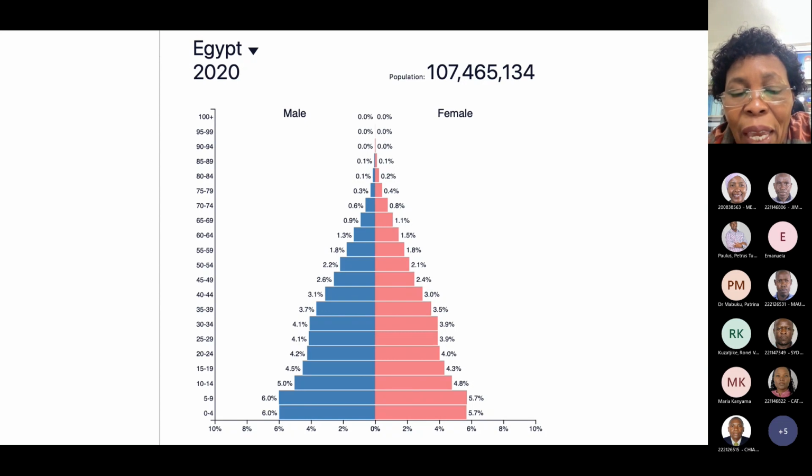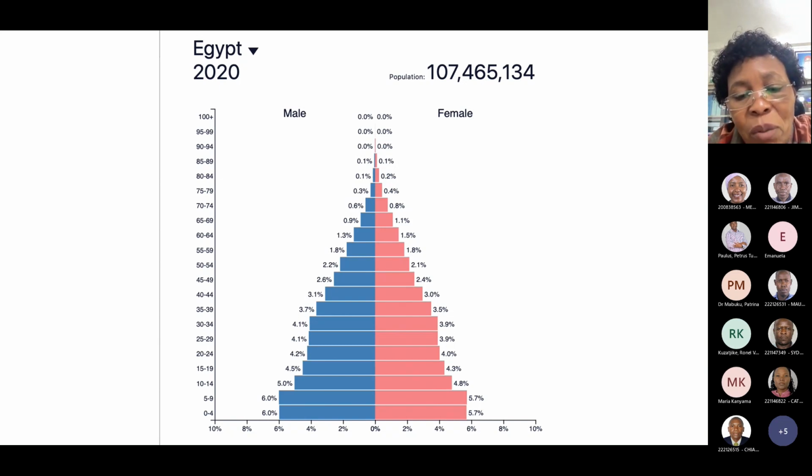In most cases, probably without any exception, you find out that the population pyramid of an African country looks like an inverted V with a broad base. The base is broad, which means children who are born are big in numbers. That is what I said earlier on. We are on an increasing trend of our population.